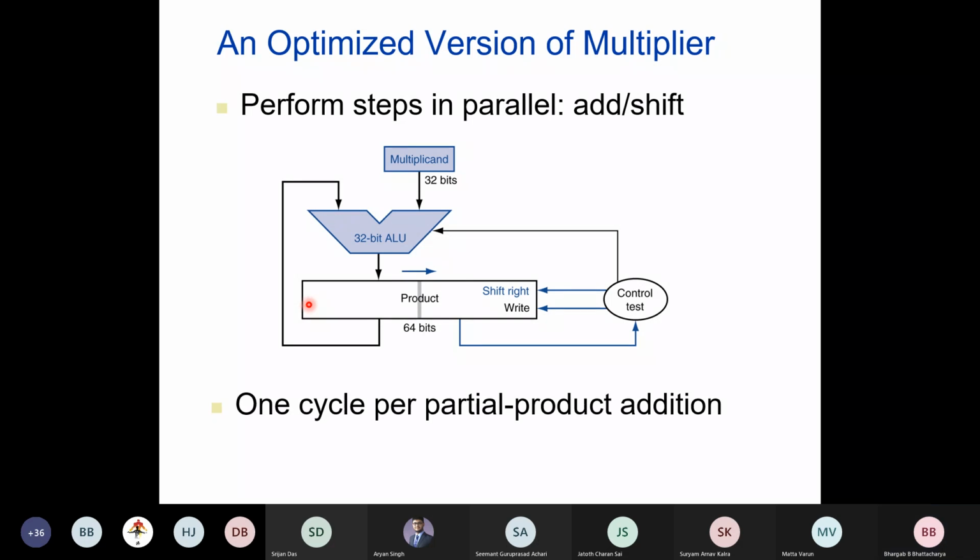This is shifted right, and the controller checks the rightmost bit of the multiplier, and whenever it is done, the multiplier bits are shifted out of this product register, so that on the leftmost side you have more blank places here. And you need a 32-bit ALU instead of a 64-bit ALU, and the multiplicand is 32-bit. And you can do this.